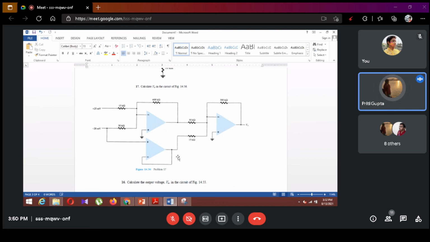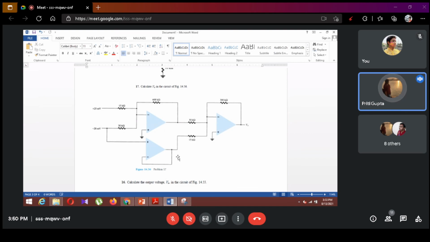Voltage buffer circuit. Voltage controlled current source. Instrumentation amplifier. And the filter part, I think you have it.